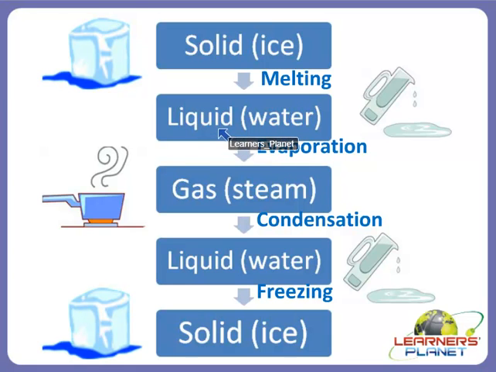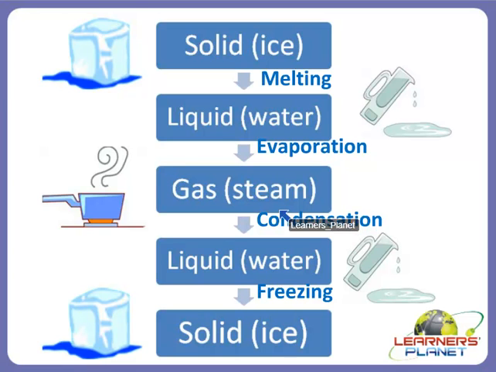And when liquid converts into gas, for example, when water converts into steam by boiling or by providing heat, it converts by the process of evaporation. Then children, when gas converts into liquid, it converts by the process of condensation.